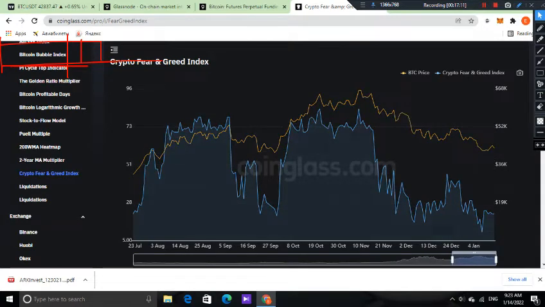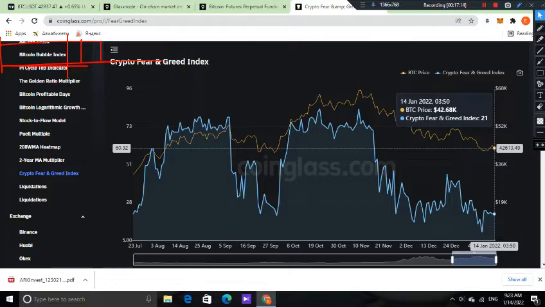The fear and greed index is at 21, which means it's more fear than greed. Essentially, when price goes up, the market is getting greedy, but when it dips and we have a downtrend and crashes, people are afraid, they're in fear.